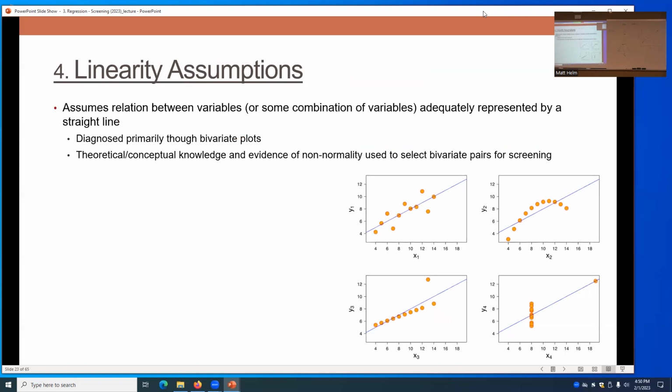Last thing, we'll finish up here. We talked about this a little bit before, our linearity assumption, right? We assume that the relation between variables, or some combination of variables, is reasonably represented with a straight line, okay? We're going to take a look at this with our bivariate plots, and use our theoretical conceptual knowledge and some evidence of non-normality to pick out specific pairs of variables to look at.